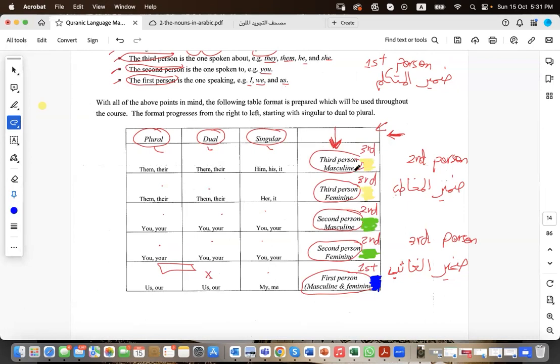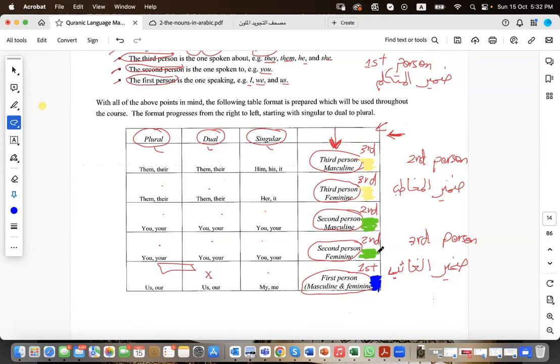The reason for having 2 rows for the third person, 2 rows for the second person, and then only 1 row for the first person is that for the third person and second person, we have gender, we have masculine and feminine. But the first person, we don't have gender and we don't have dual.